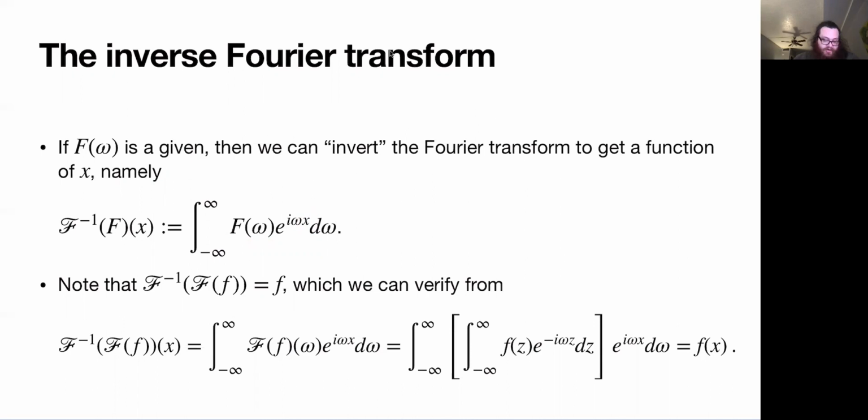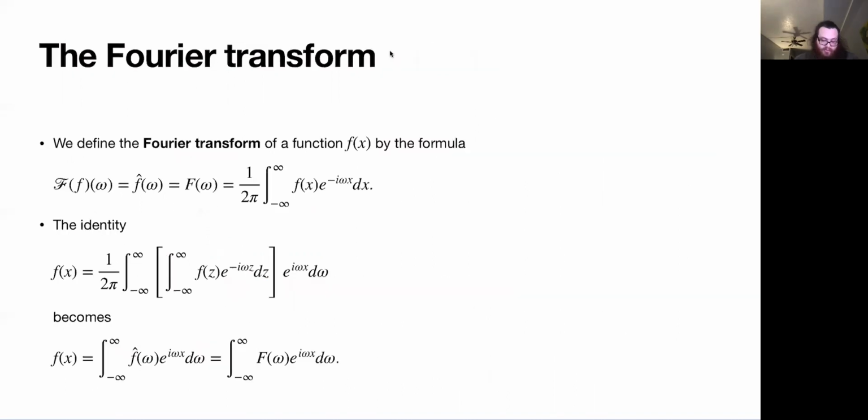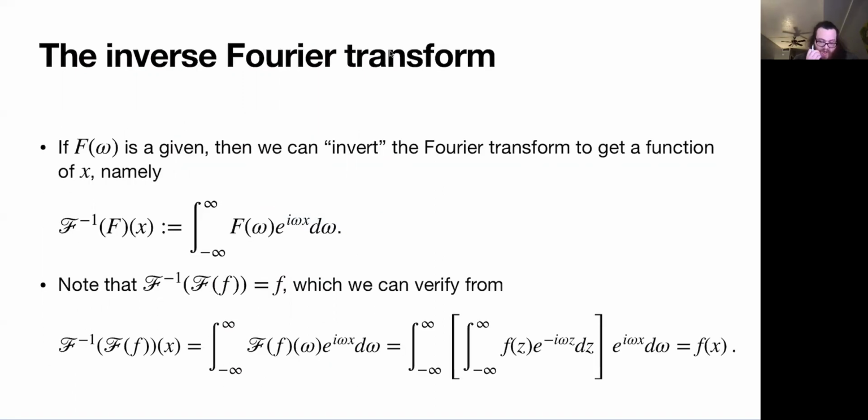And so the thing to notice is that if you take the Fourier transform of a function, which we just defined back here, so plug in a function f, get out this thing right here, and then take the inverse Fourier transform, what we're going to end up with is the original function f, at least where it's continuous. Okay, and we can see this just by explicitly computing this.